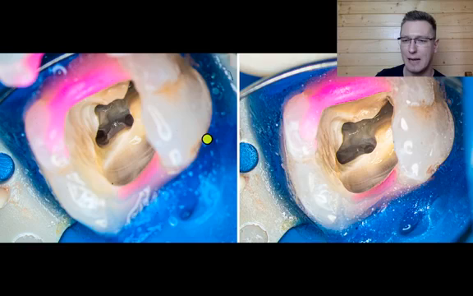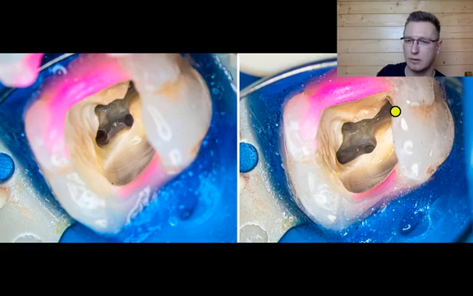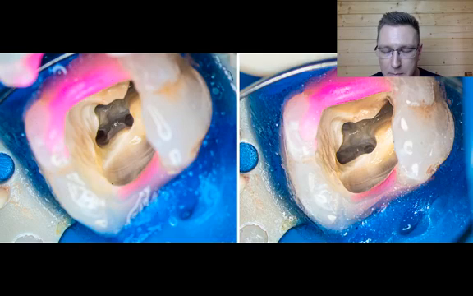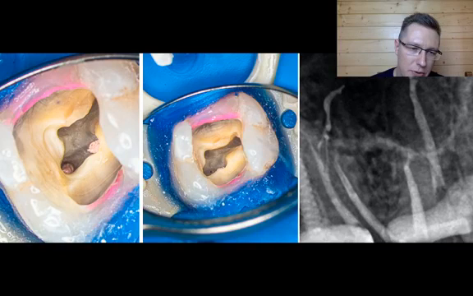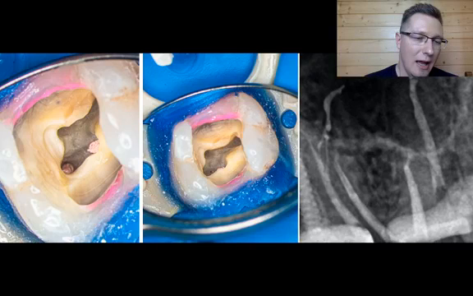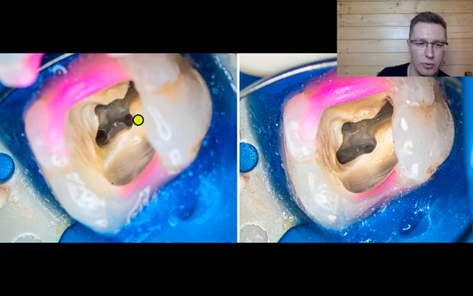Maybe this place here has just a touch too much dentin, but it doesn't matter because we have shaped 4 canals, MB1, MB2, distobuccal and the palatal. So we have a properly shaped upper molar.